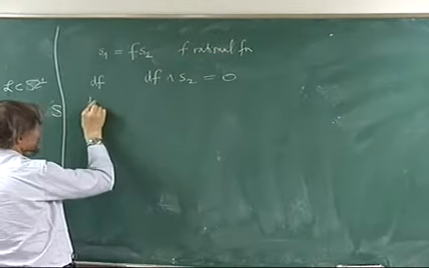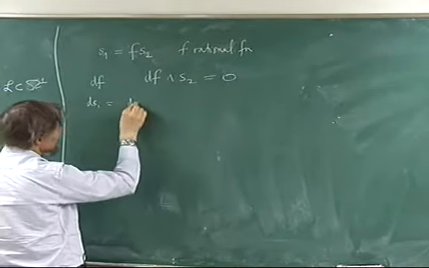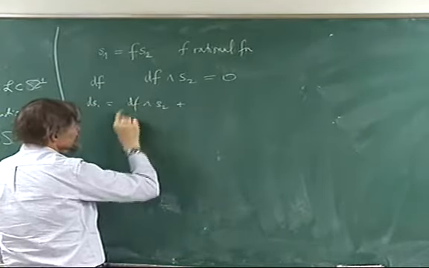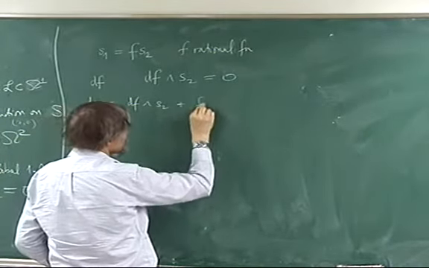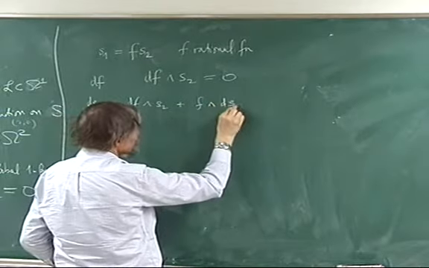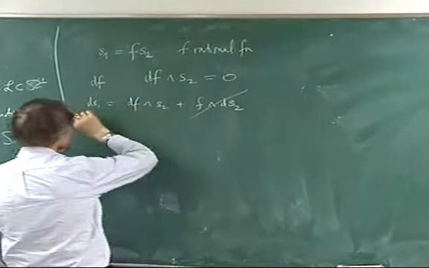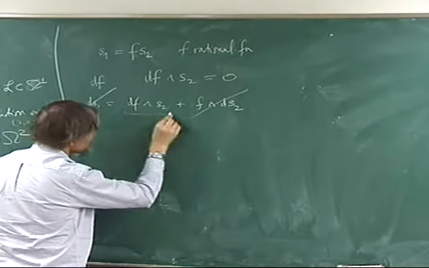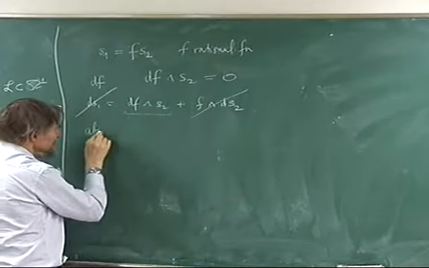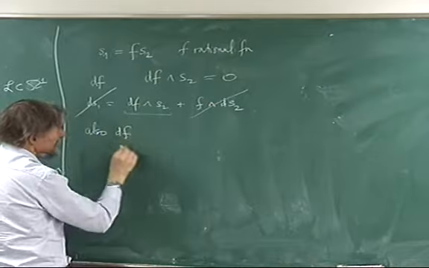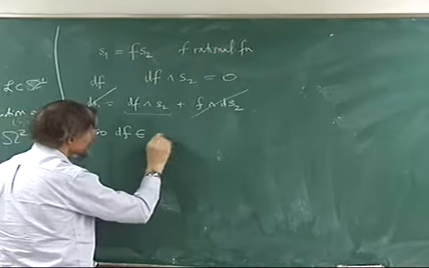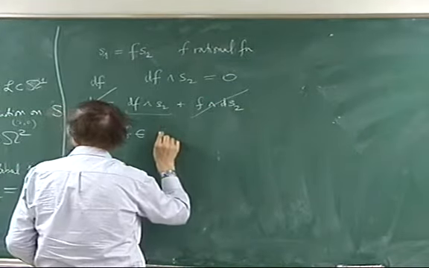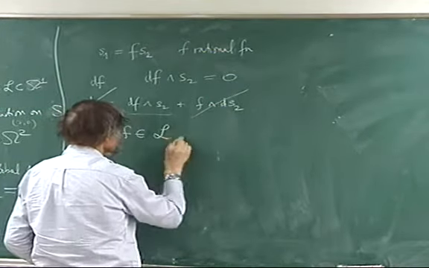Because I just calculate dS1, that's the same as df wedge S2 plus f wedge dS2. These two guys are 0. And so this means that also df is in this L.